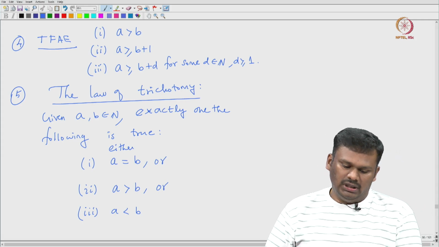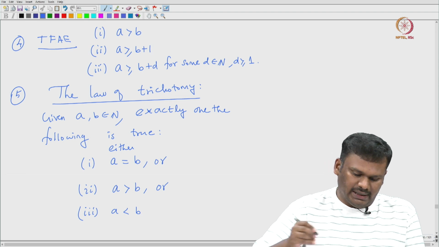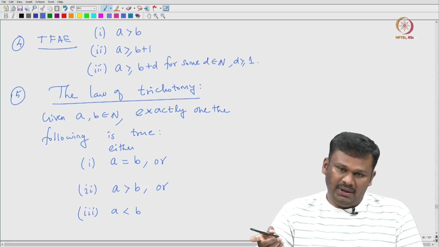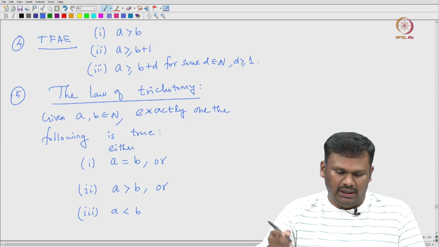Okay, these three possibilities are there. This again tells you that given any A and B, they are comparable: either A is greater than or equal to B or A is less than or equal to B. So, that also we have.